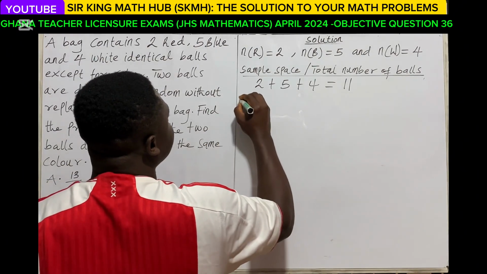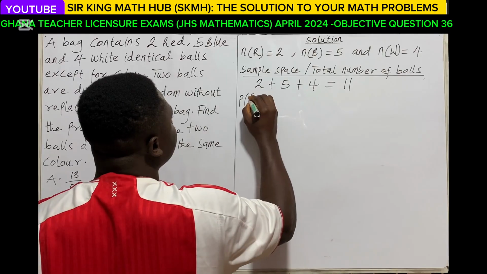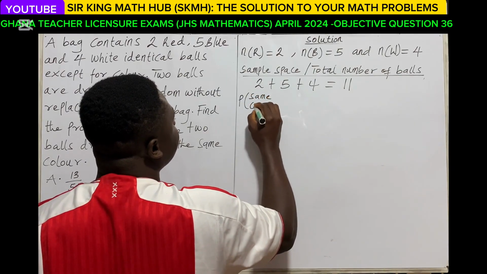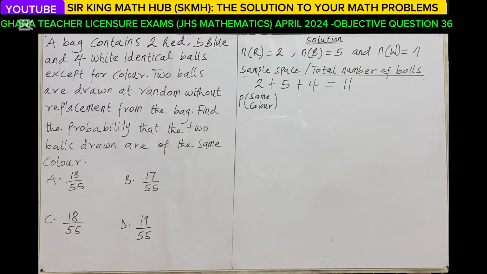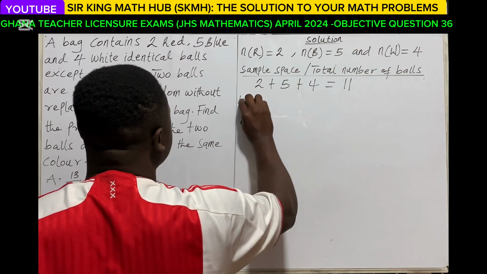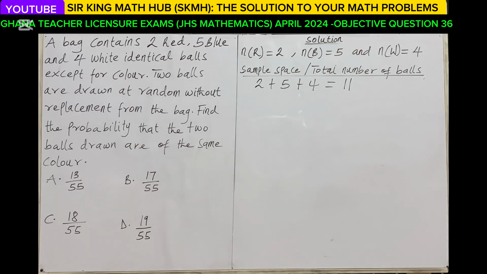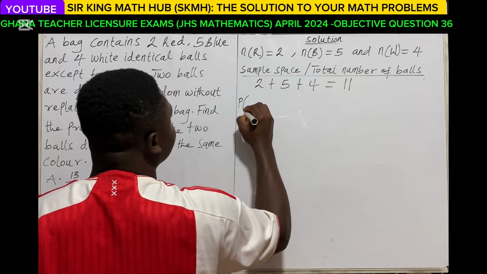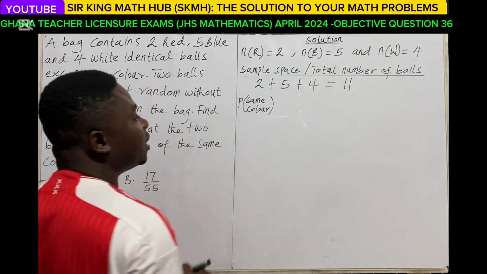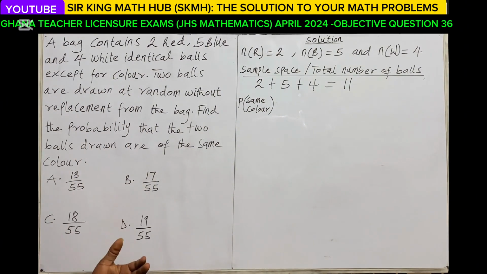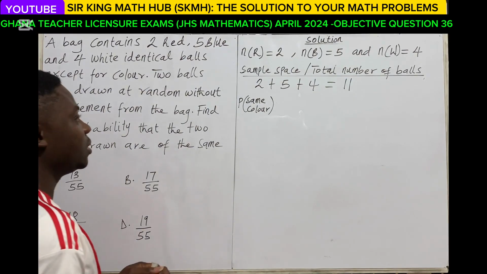So what is the probability that the 2 balls selected at random from the bag are of the same color? For the 2 balls to be of the same color, these conditions must be satisfied. It could be that the 2 balls selected are red, or blue, or white. So let's break it down.